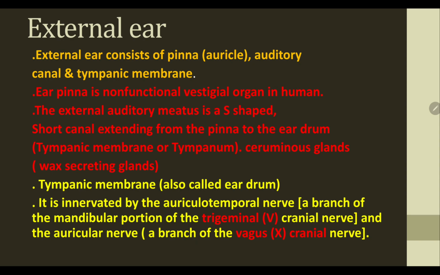In the wall of the external auditory canal, different types of glands are present, and small hairs are also present.